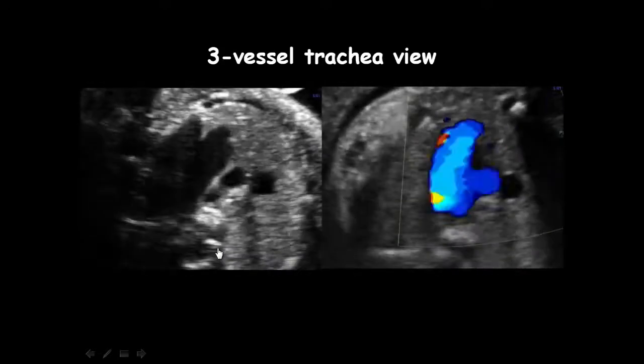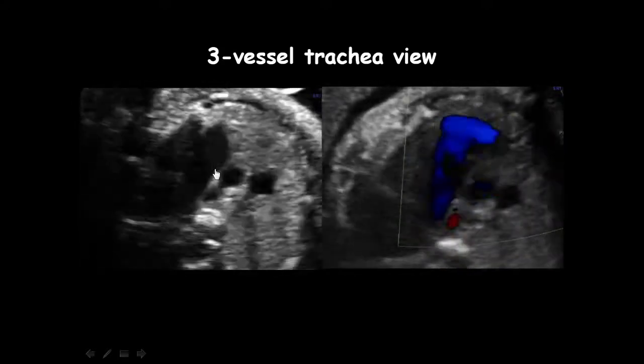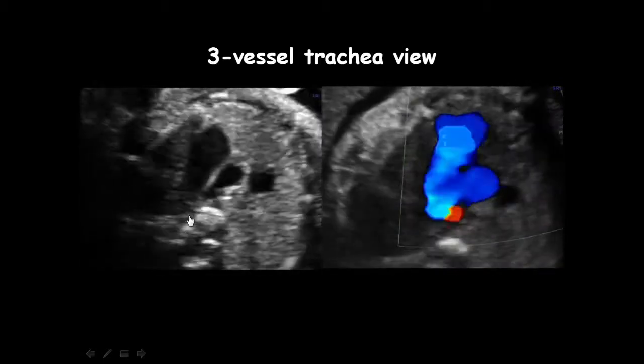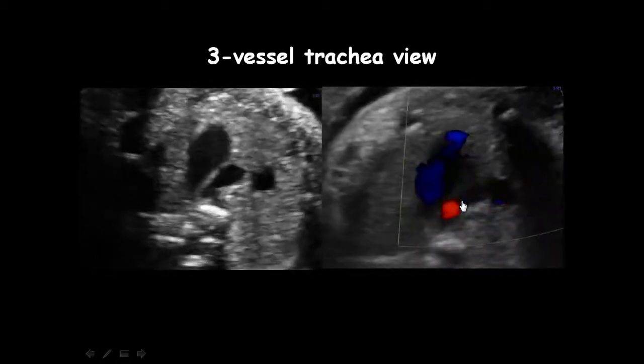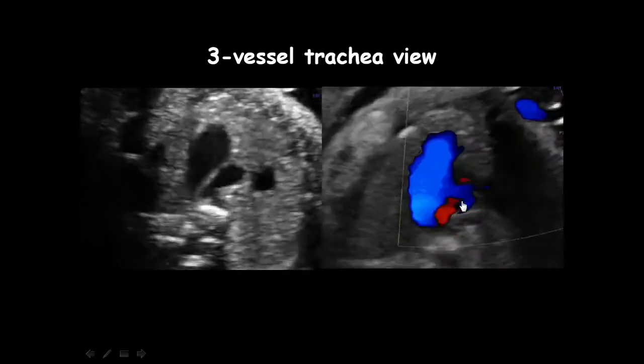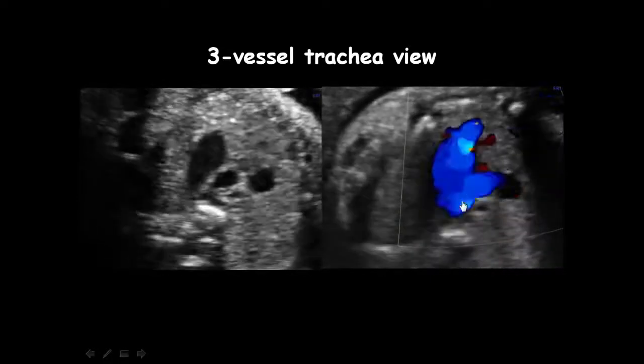Then we looked at the 3-vessel trachea view, and we saw all the features which are typical for coarctation. We were even able to see the reversal flow in the aortic isthmus, and the first diagnosis was the suspicion of coarctation.